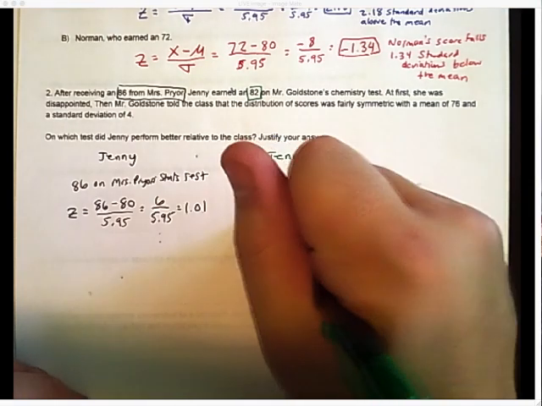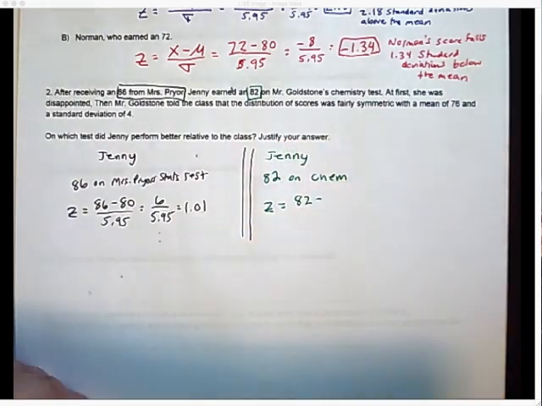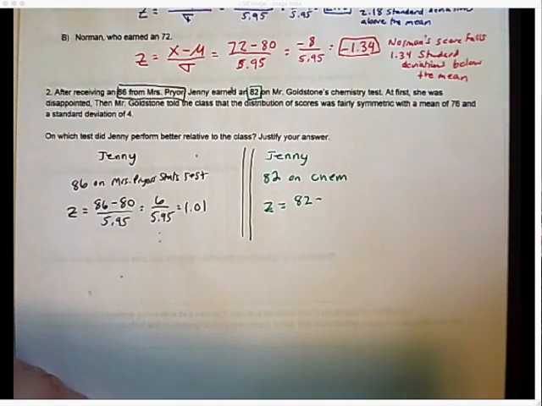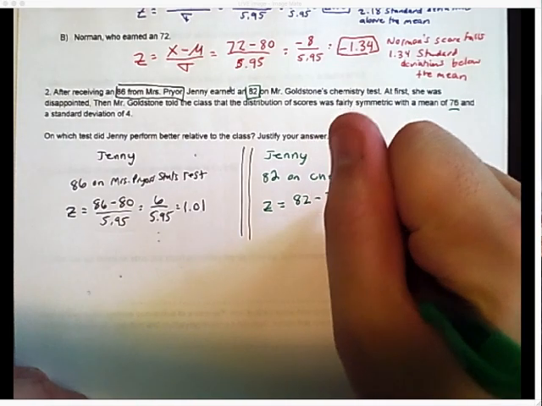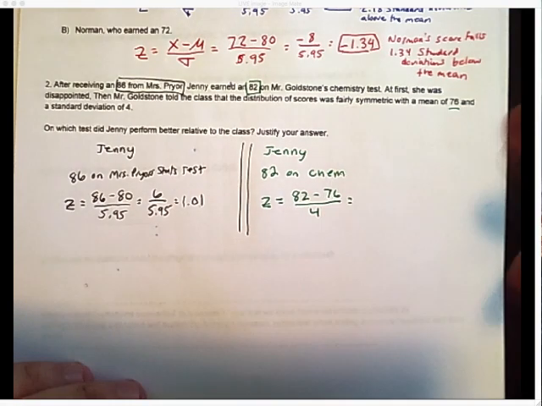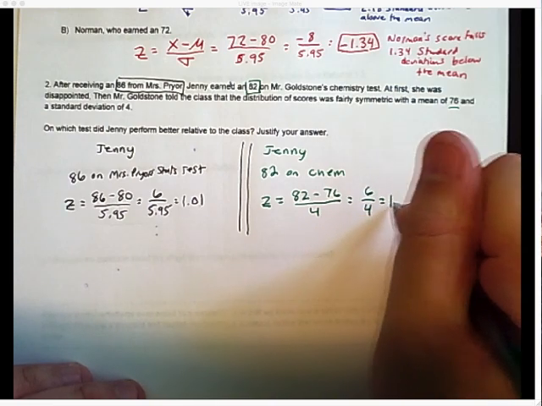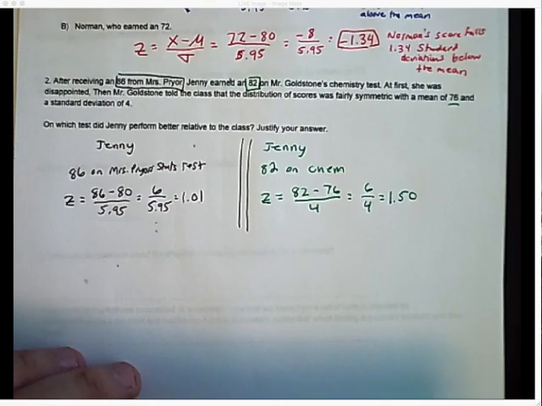So let's figure out what her z-score was on that. Well, she got an 82, but what was the mean there? The mean there was 76, so it had a lower mean. It also had less spread. The spread there was only 4. So here, 82 minus 76 is 6 over 4, and as a decimal, that's 1.50.